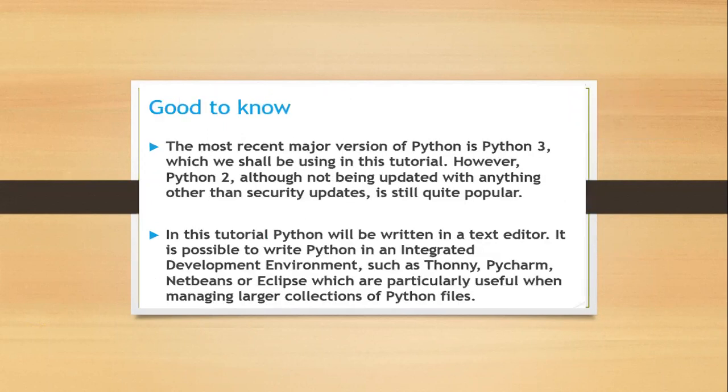So it is good to know that the most recent major version of Python is Python 3. I remember when I was telling us to install, I said that we install Python 3, which we shall be using in this tutorial. However, Python 2, although not being updated with anything other than security updates, is still quite popular. People are still using it.